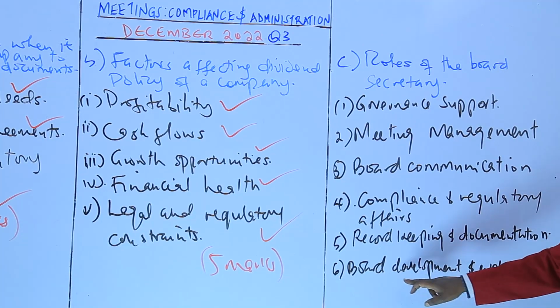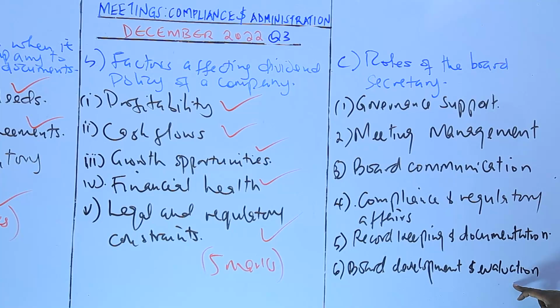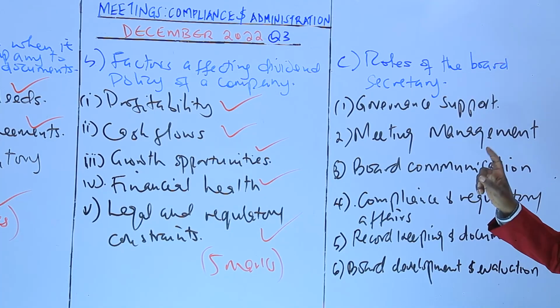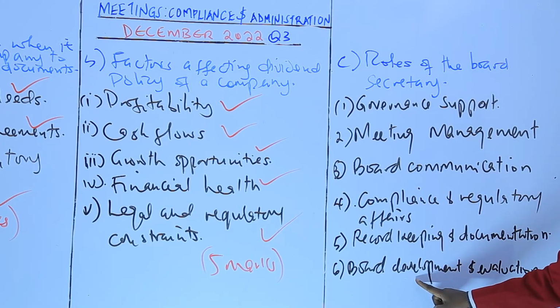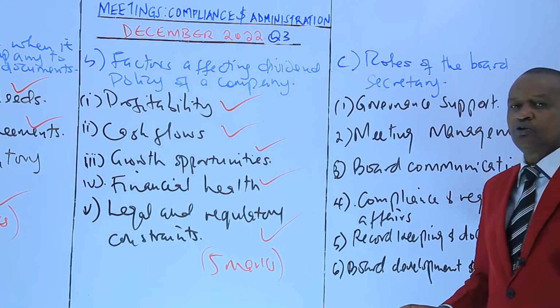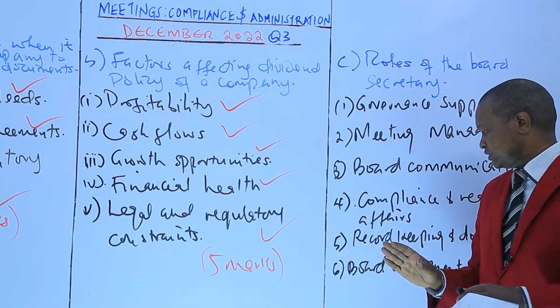It may play a role in board evaluation. They may assist in identifying board training needs, organizing board evaluation exercises, and supporting the overall professional development of the board members.